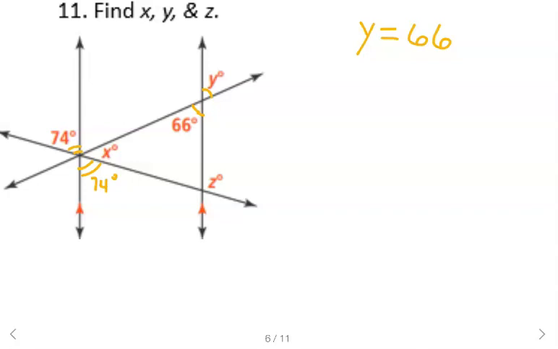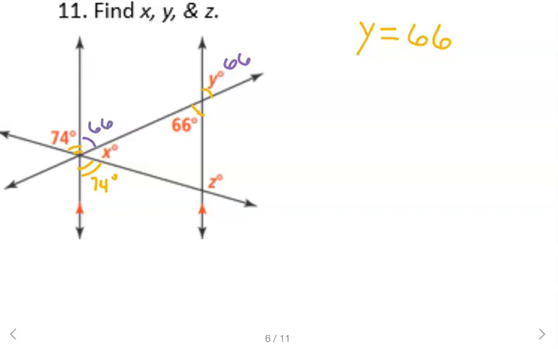Oh, and I notice that angle y, which is 66, is corresponding with this one, which would be 66 as well.